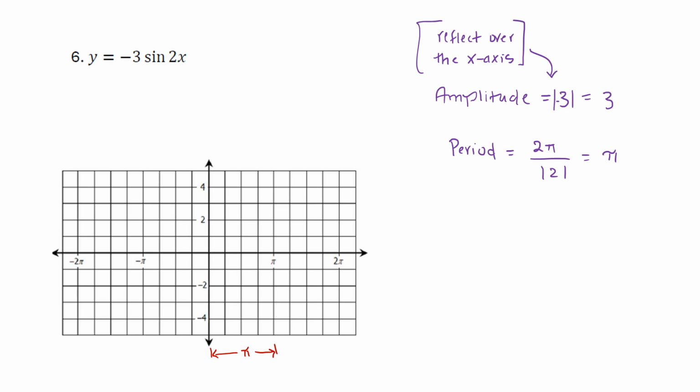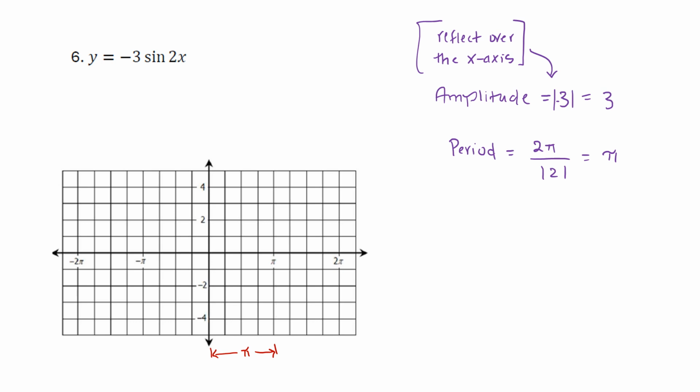All right, and we're dealing with the sine graph. So our amplitude is 3. So instead of going to 1, we're going to be going to 3. And then it's reflected over the x-axis. So since the sine graph starts at 0, 0 for a complete cycle and goes up to 1, we now will be going down to 3. So we're going in the opposite direction.